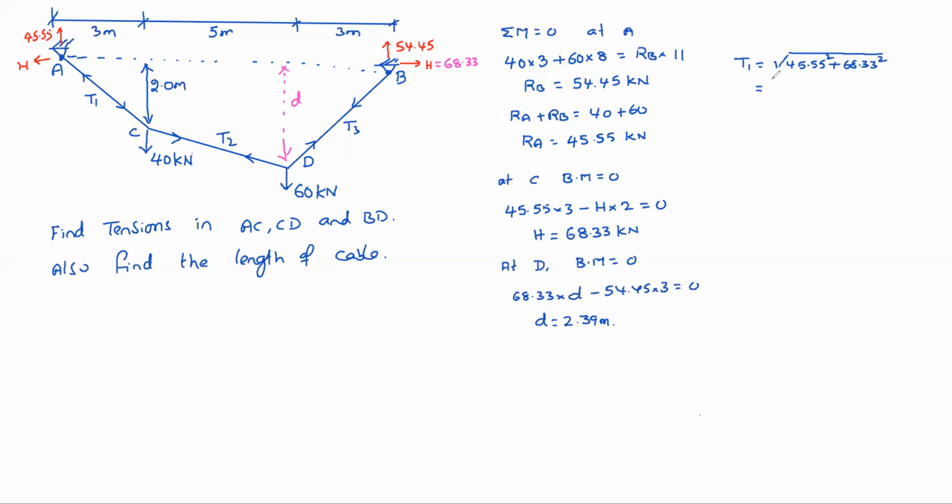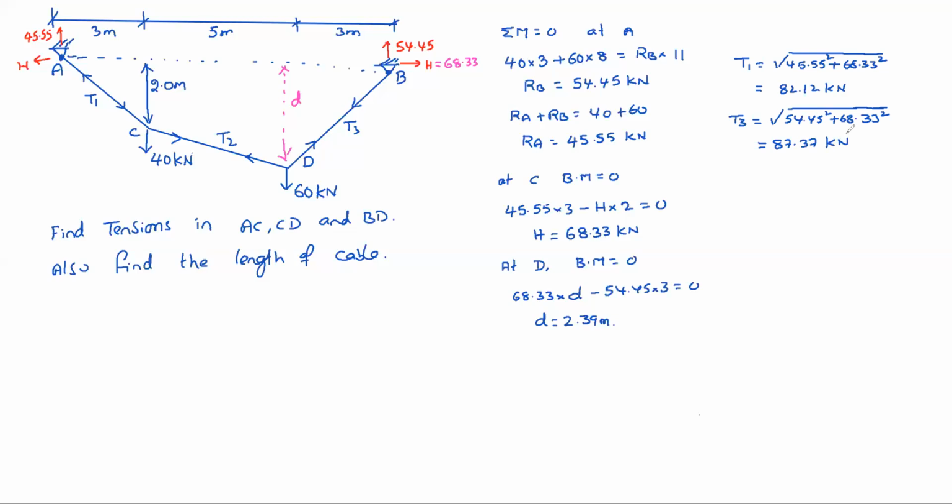How much? 82.12 kilonewtons. T3 similarly: square root of 54.45 square plus 68.33 square, which is 87.37 kilonewtons.